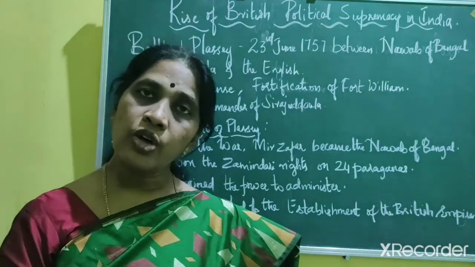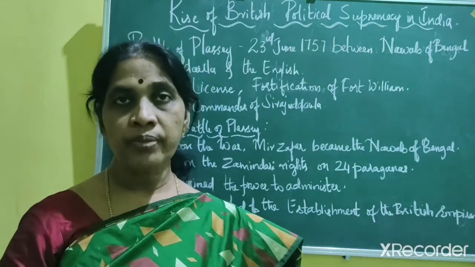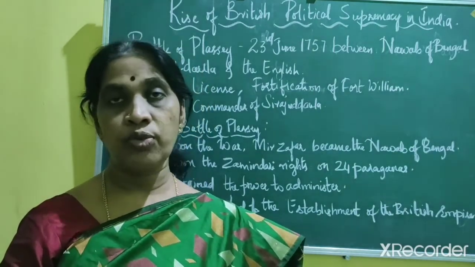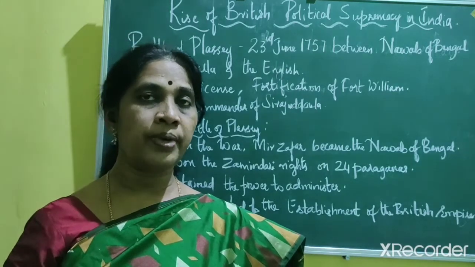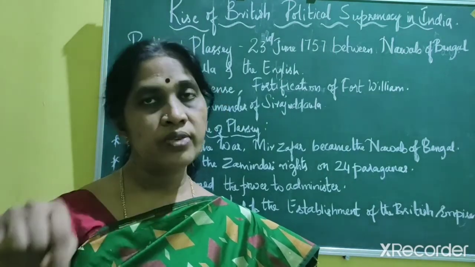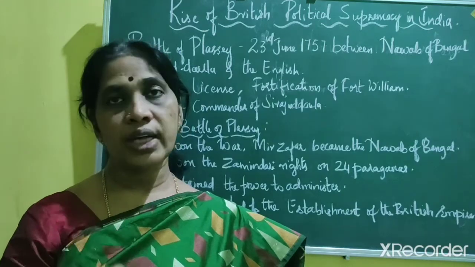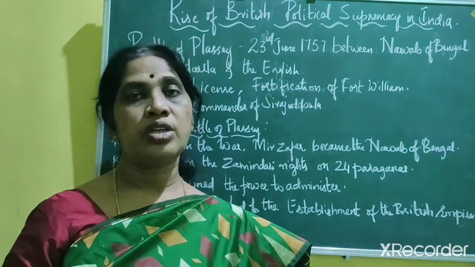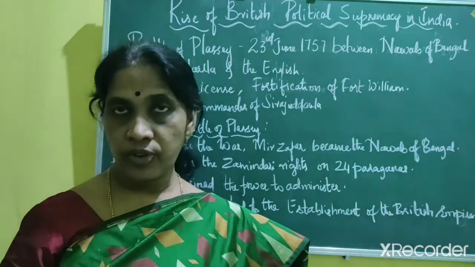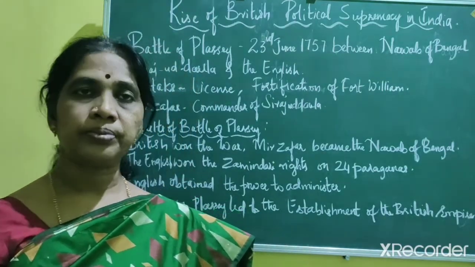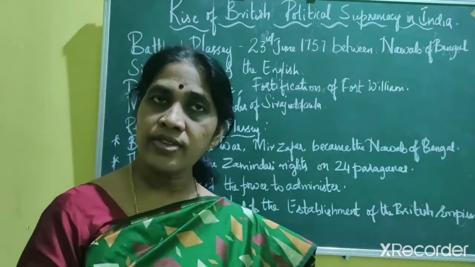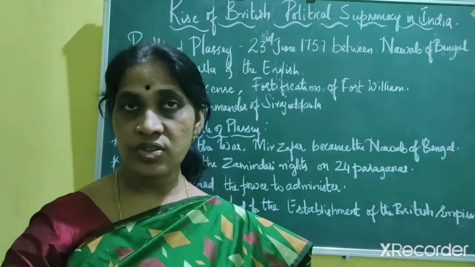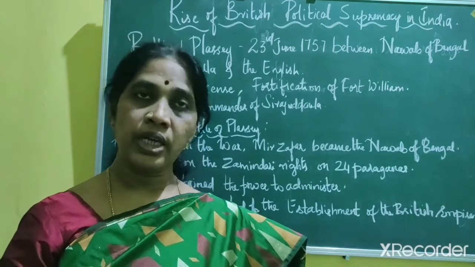He also told the East India Company to stop fortification. Fortification, as I told, is a defensive wall built around the settlement. So he stopped the English from building the fortification around the settlement, and also insisted the East India Company pay the revenues.